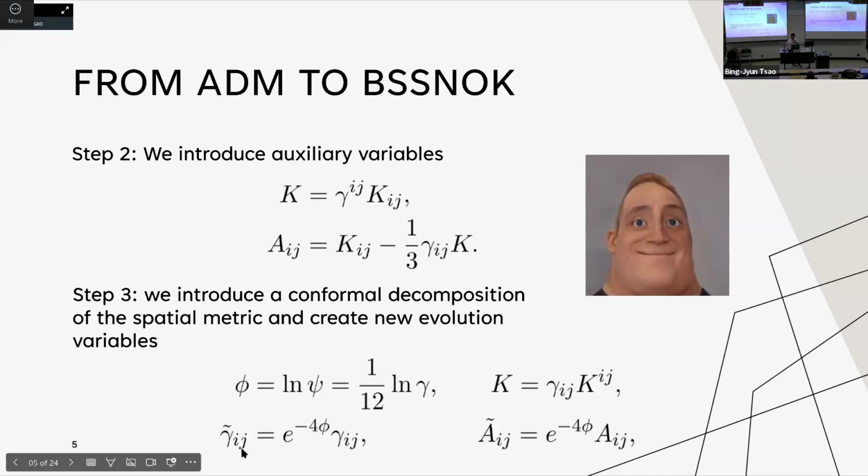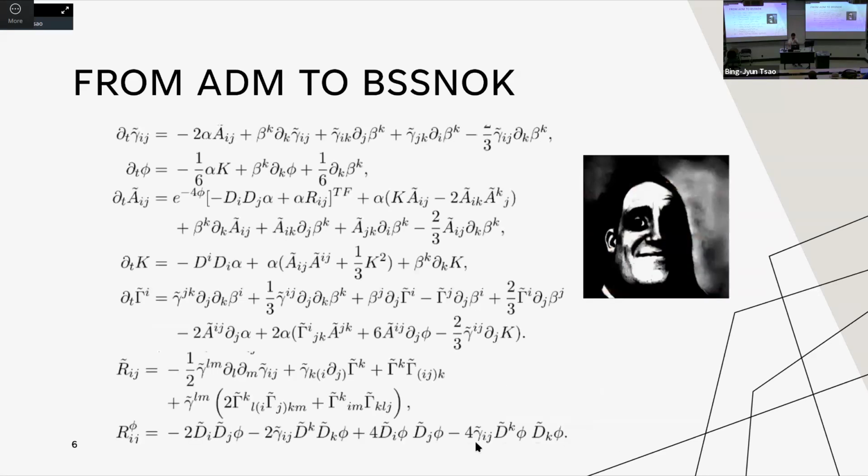And you're going to promote gamma tilde, a contraction of the Christoffel symbols for gamma tilde, the factor in the conformal factor phi, the trace of K, and A tilde, which is the conformal decomposition of A, to evolution variables. And you finally get to the BSSN-OK equations, right?